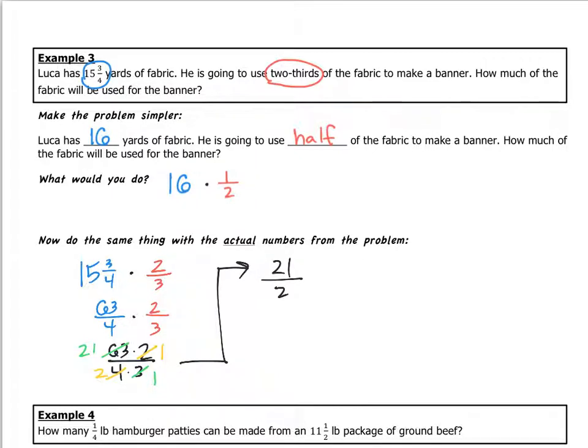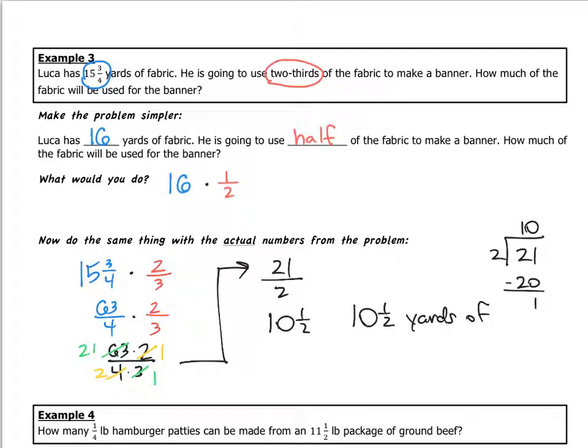So I get 21 over 2. 2 will go into 21 10 whole times with a remainder of 1. So this is 10 and 1/2. So writing our answer in a sentence with labels, we could say that 10 and 1/2 yards of fabric will be used.